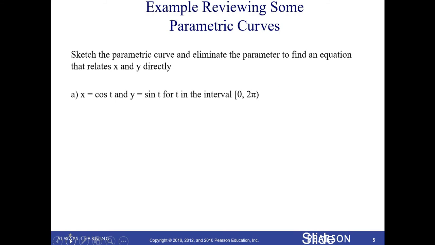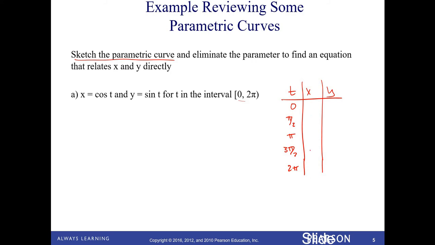So let's see. In order to graph this, the first thing they want me to do is to sketch the curve. I'm going to set up a t, x, y table. Since I'm going from 0 to 2 pi, I'm going to use 0, pi over 2, pi, 3 pi over 2, and 2 pi. So I'm going to do all my x's first. x is the cosine of t.